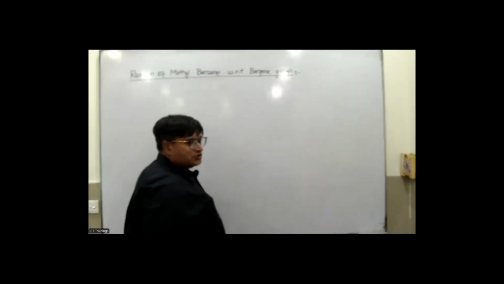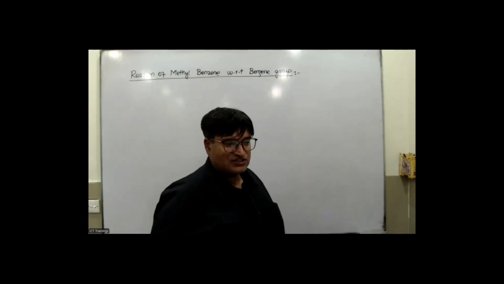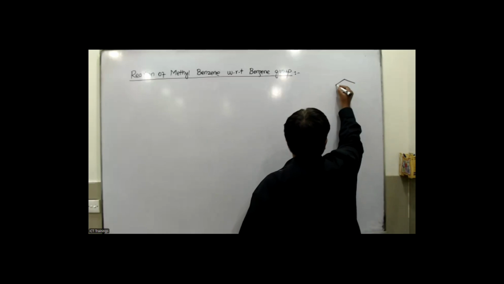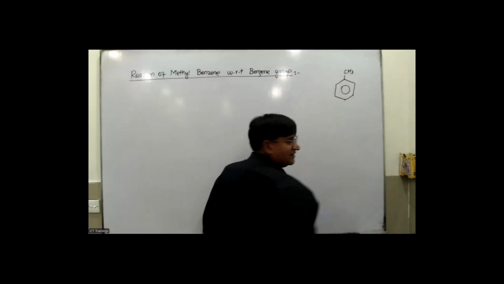Okay, guys, I told you earlier that if an element attached to the benzene does not have a lone pair of electrons, let's suppose this is methyl benzene, so carbon is the element.